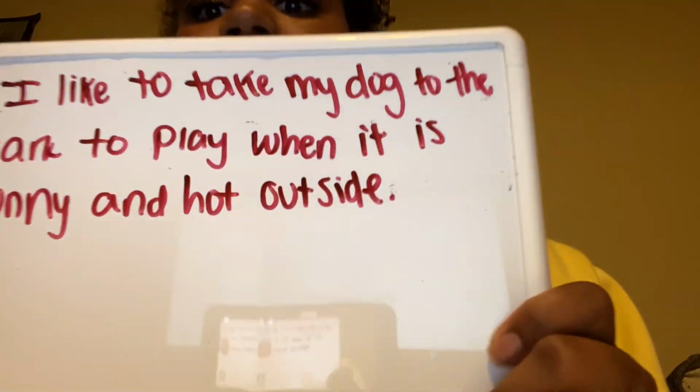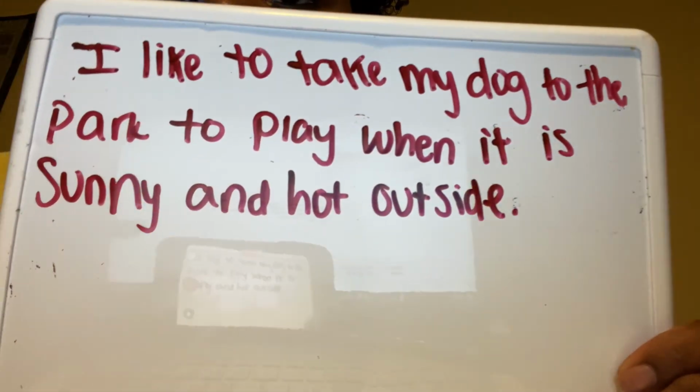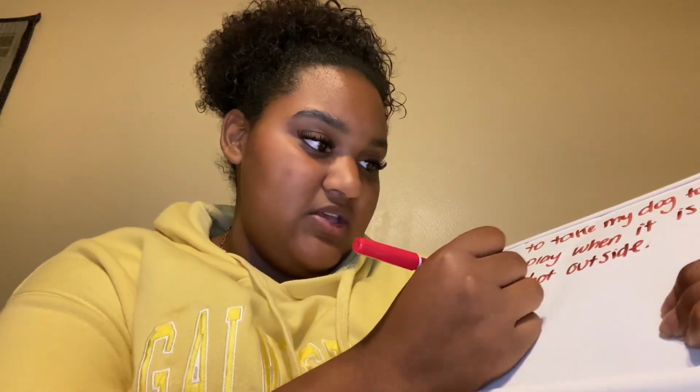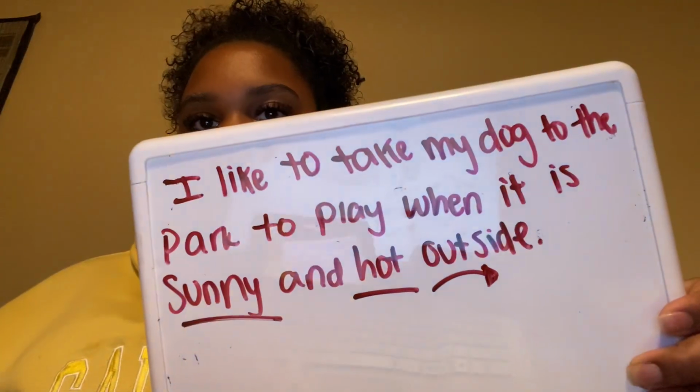So I like to take my dog to the park to play when it is sunny and hot outside. So my adjective would be sunny and hot to describe what the weather is like outside.